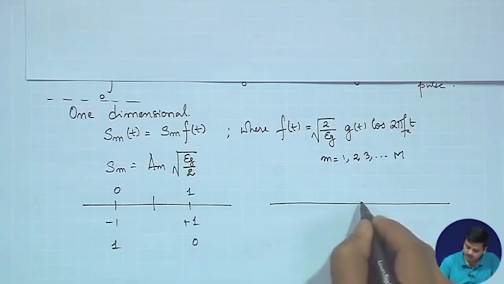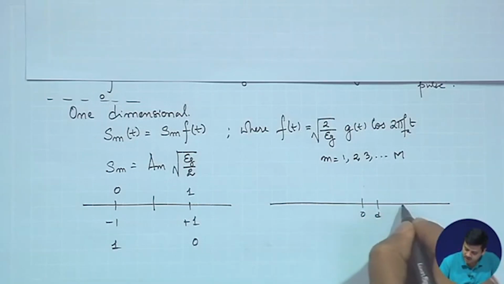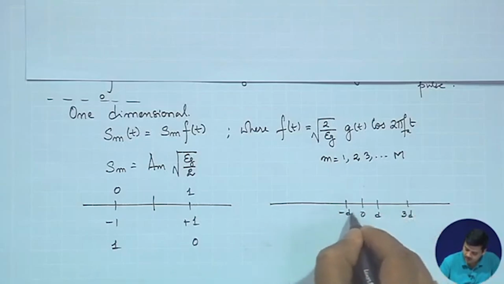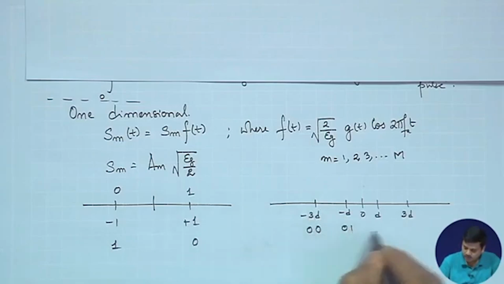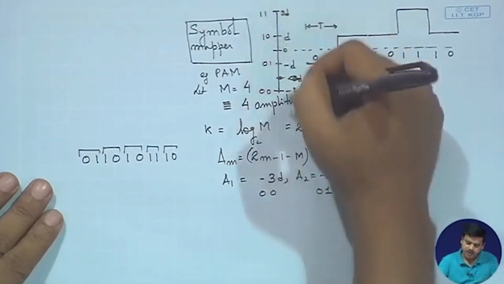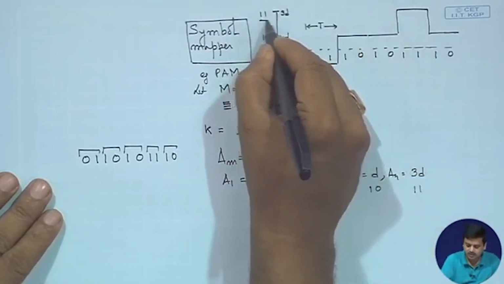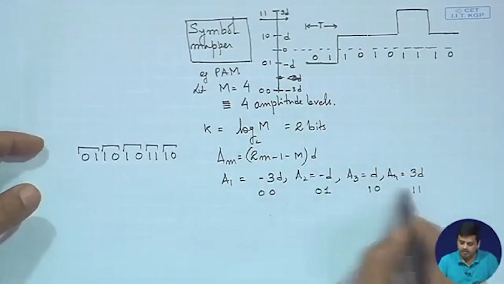For example, let us say this is 0, this is D, this is 3D, this is minus D, minus 3D. We have already identified one particular combination or mapping, which is indicated in this amplitude selection. So, this maps to this level, this maps to this level, and it is also indicated here.